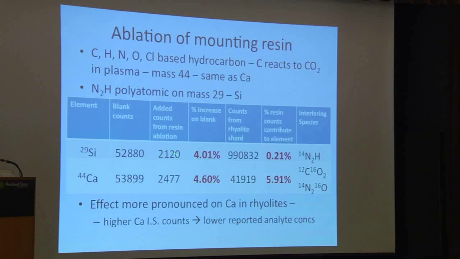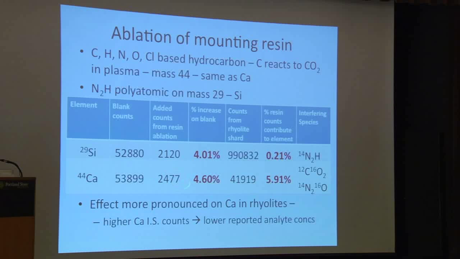That increase of 2,000 counts on the silicon sample is insignificant when you get 1 million counts for silicon as your internal standard counts off your sample. 0.2%, trivial really, in terms of the added counts for silicon.